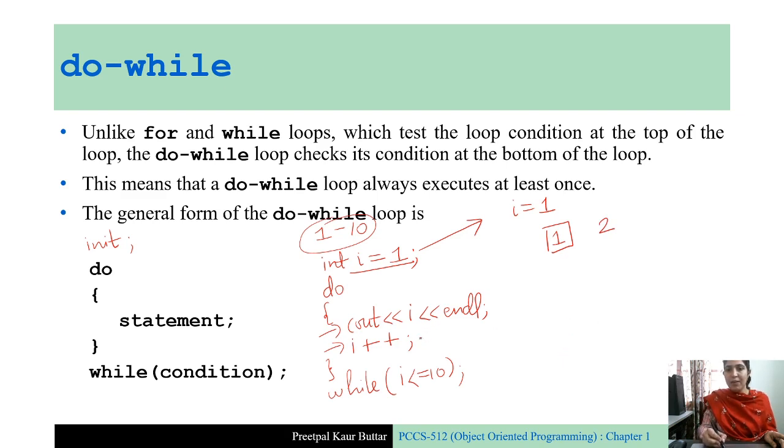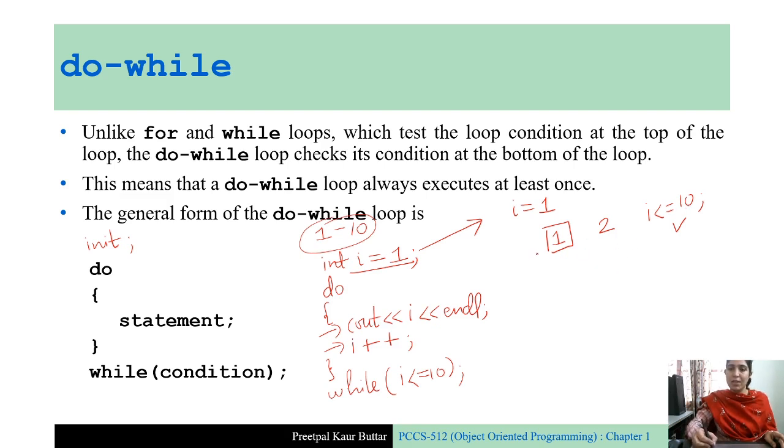Now we have executed the body of the loop. After the body of the loop we have the while condition, i less than equal to 10. This condition is true. So you can see that the condition has been tested after executing the body of the loop. It means even if the condition is false, the do while loop will be executed at least once.